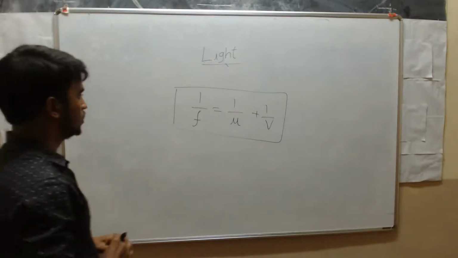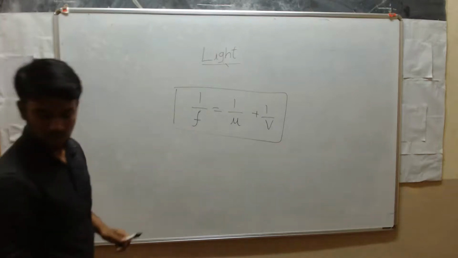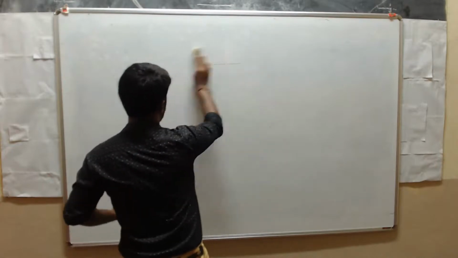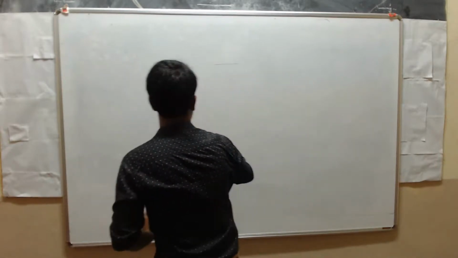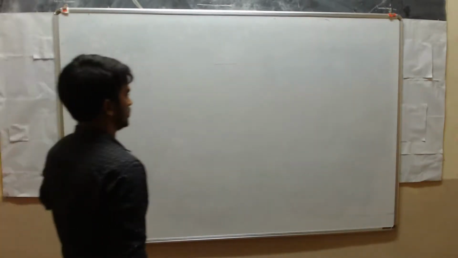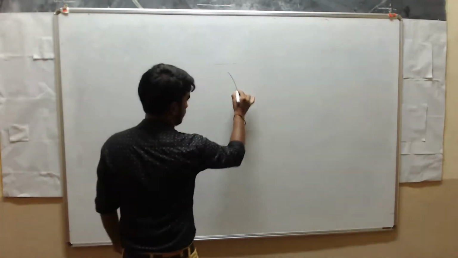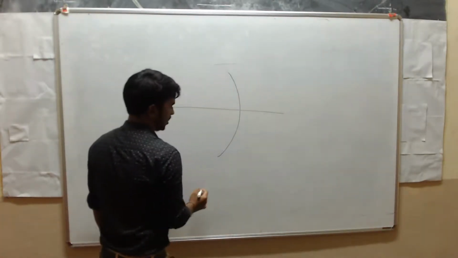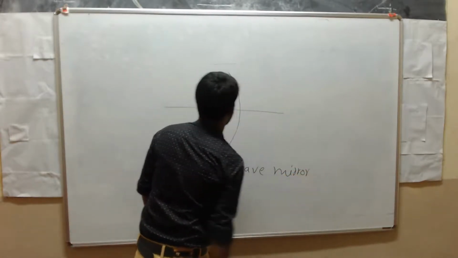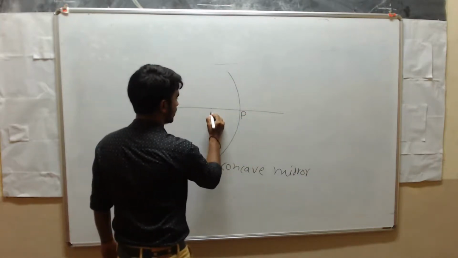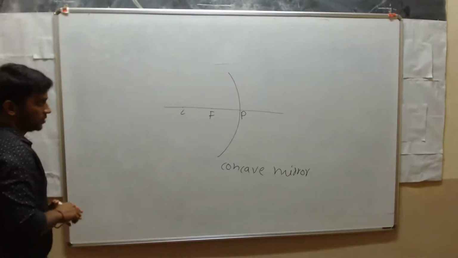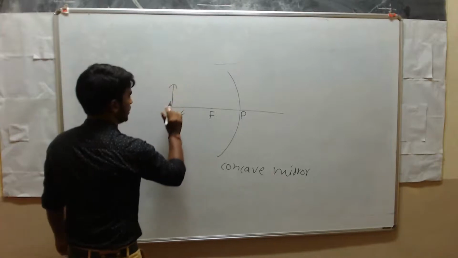Okay, next, move to sign conventions for reflection by spherical mirrors. This is very important. While solving problems, you have to follow the sign convention rule, otherwise you can't do any problems. Just imagine this is a concave mirror, with pole of the mirror, F, and this is C. Now I will keep the object here.